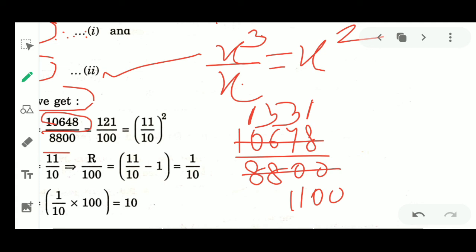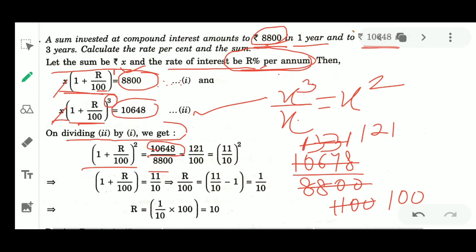This will be 100 and this will be 121. So as you can see here, 121 by 100. We can write 121 by 100 as 11 by 10 whole squared. 11 squared is 121 and 10 squared is 100. Now remove this square from both sides.